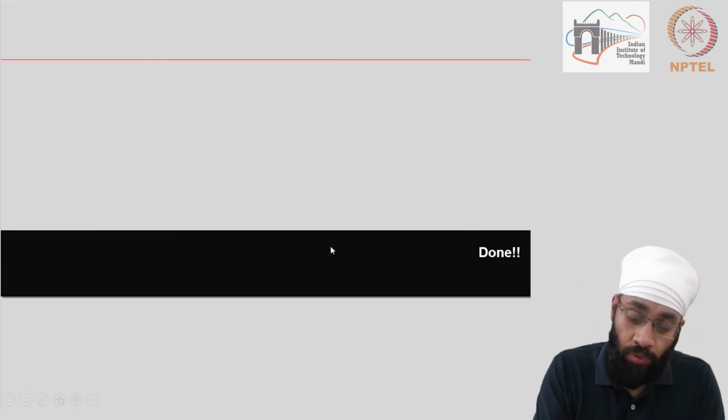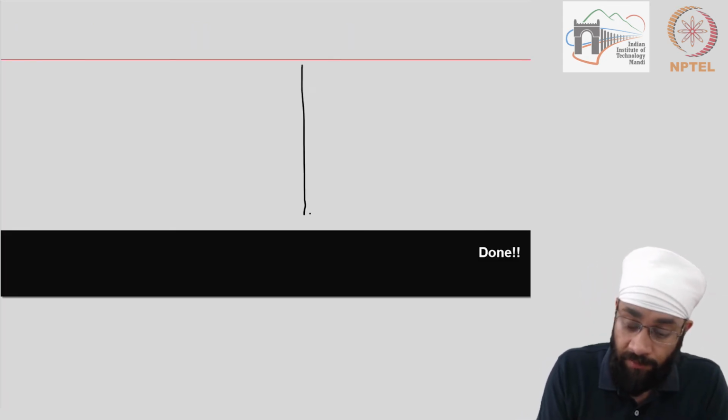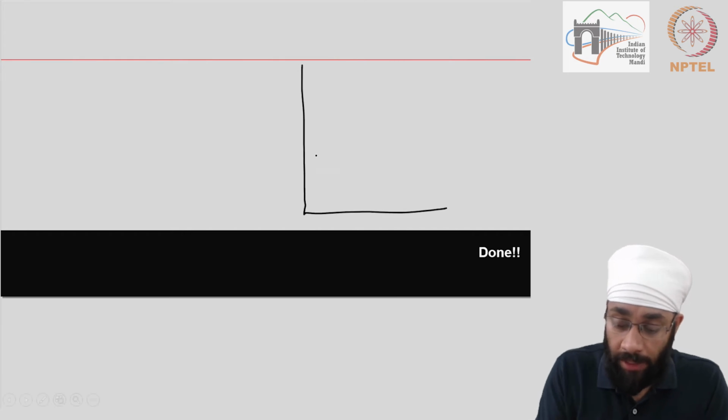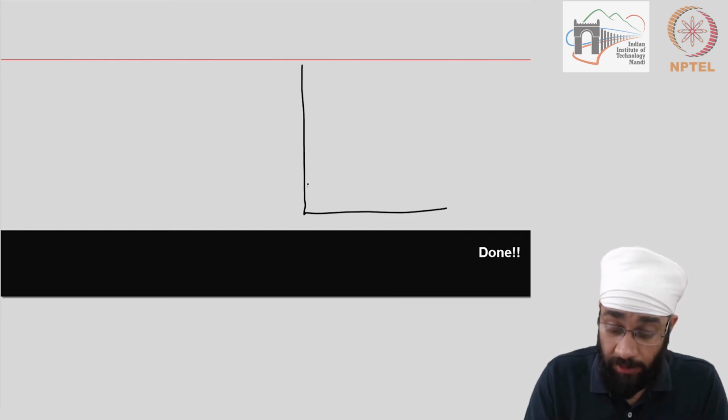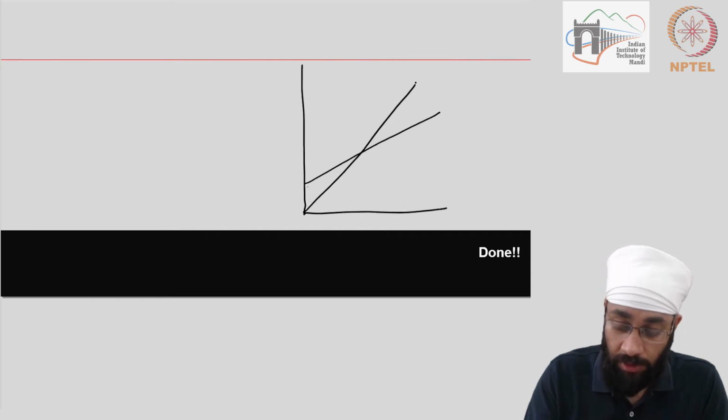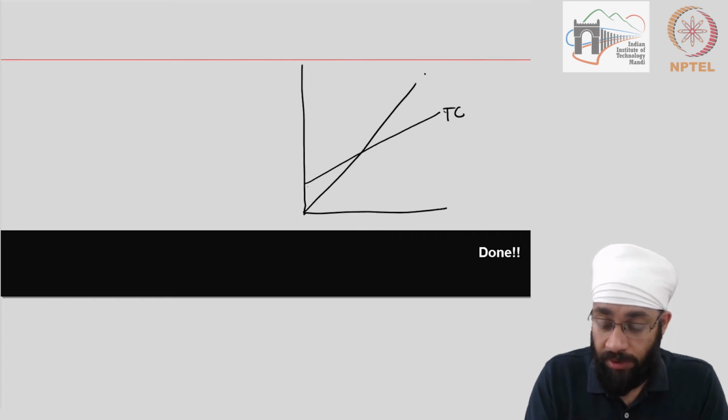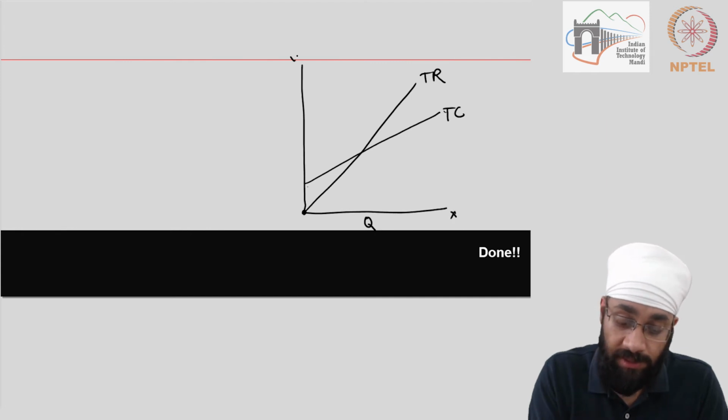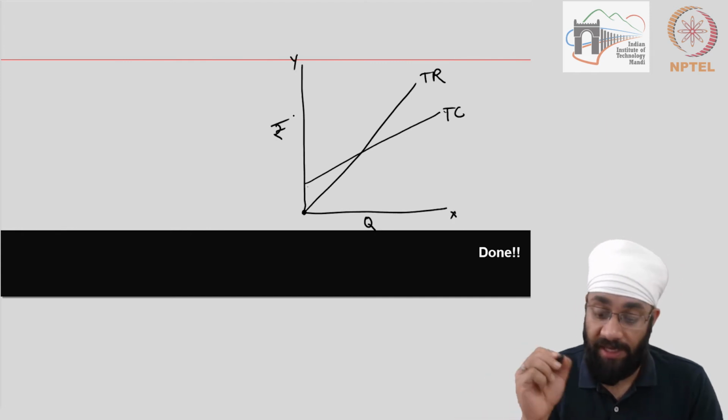And if you want to graphically visualize this, let me just use this is total cost and this is total revenue. Total revenue starts at 0 because you will make no money if you sell nothing, and this is Q here on x-axis, and you have cost and revenue on the y-axis.